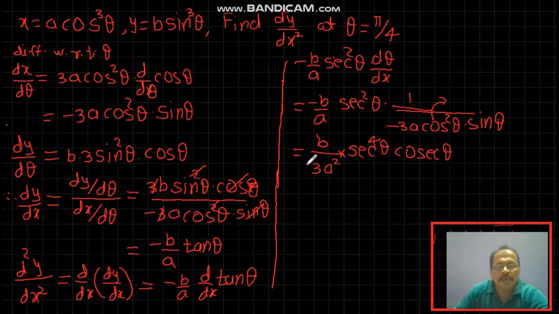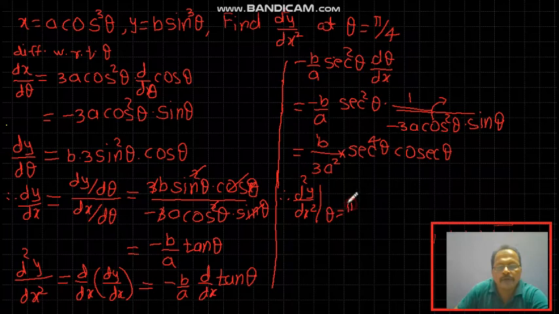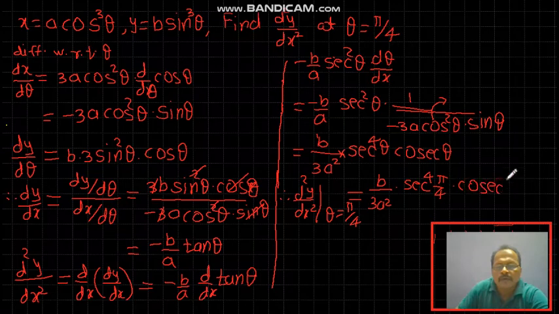This is d2y by dx square. Now we want d2y by dx square evaluated at theta equal to pi by 4. So it becomes b upon 3a square into sec raised to 4 pi by 4 into cosec pi by 4.